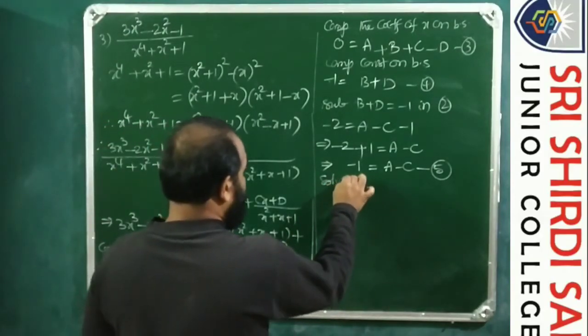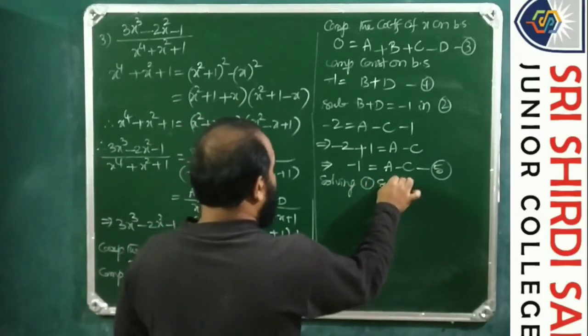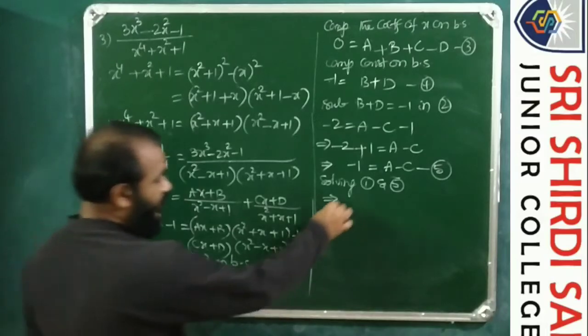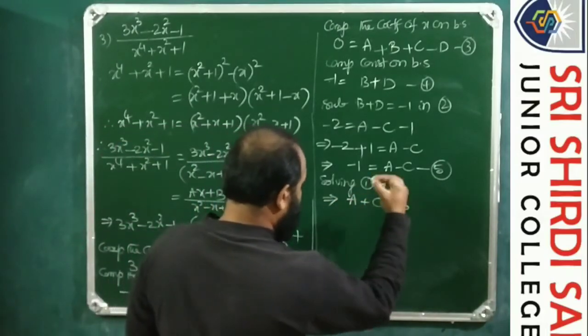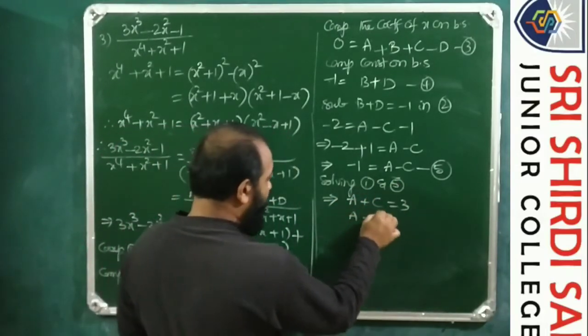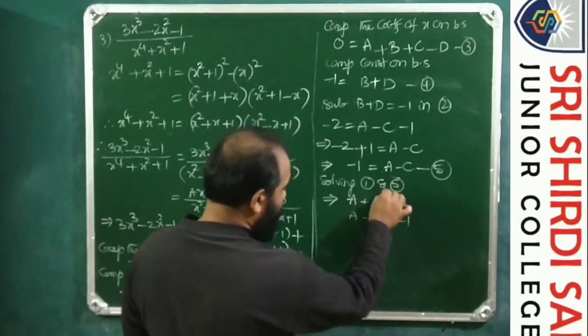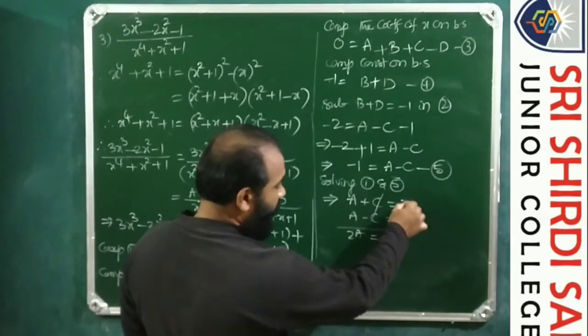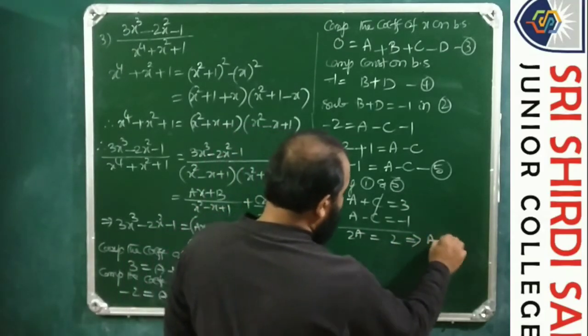Solving 1 and 5. So 1 is a plus c equals 3, and the fifth equation is a minus c equals minus 1. So adding, we get 2a equals 3 minus 1, which is 2. From this a is equal to 1.